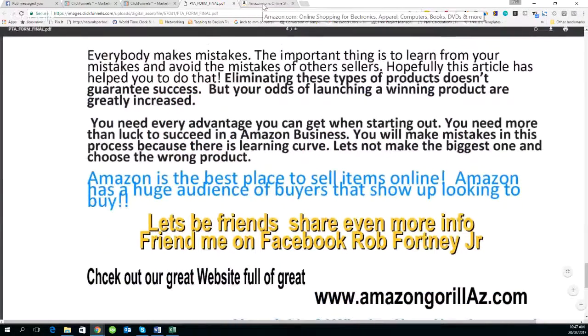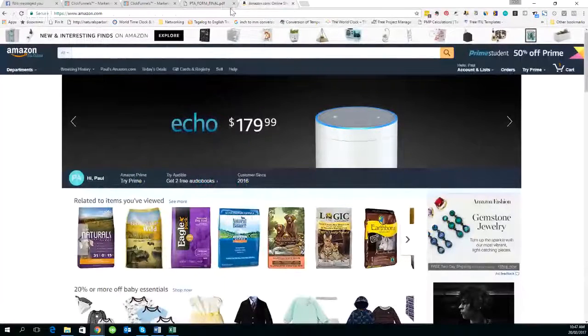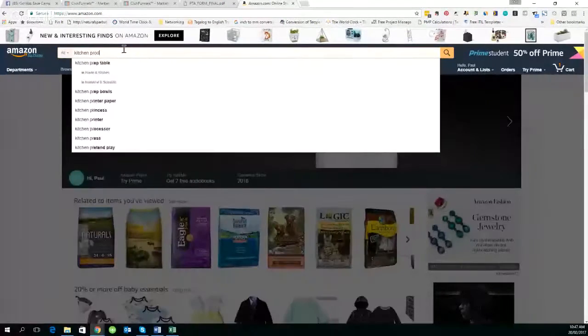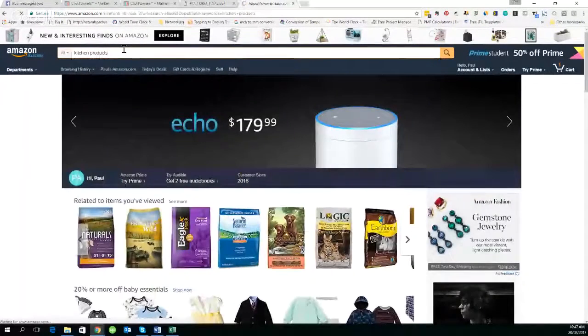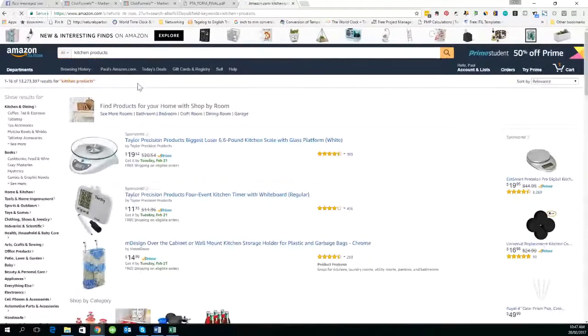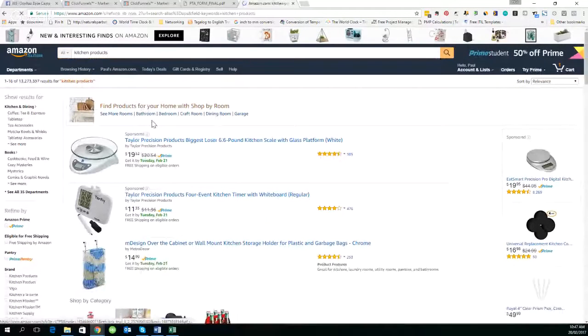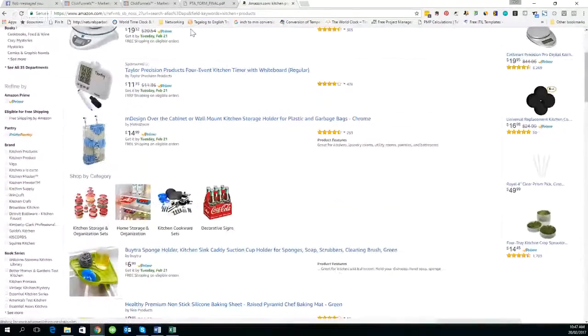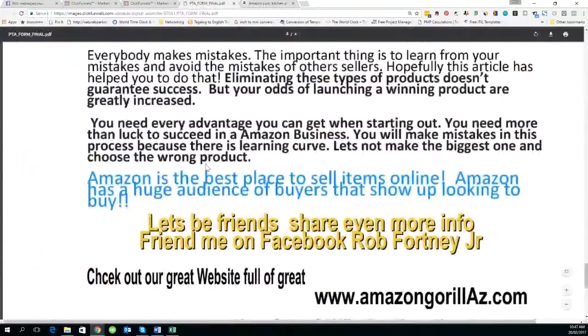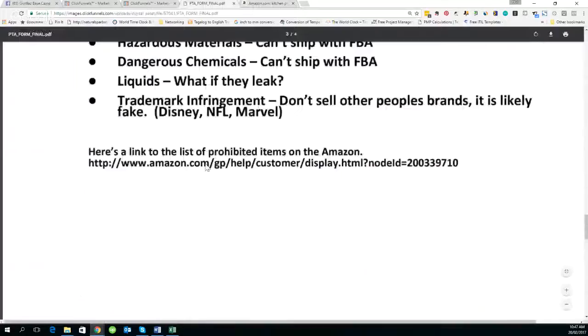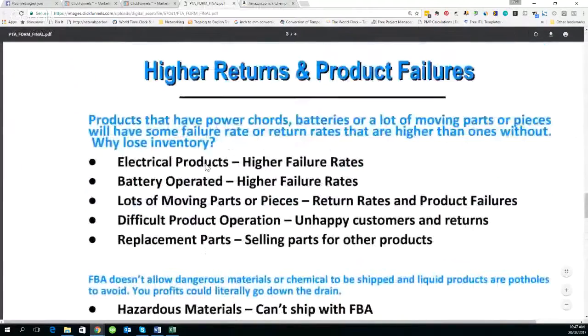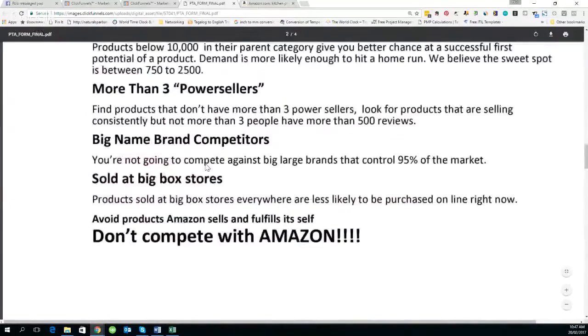When you're doing your initial search on Amazon, for something as broad as kitchen products, you automatically need to be looking down here and having this list in your mind. If it's not in your mind, then print this out so it's handy, so you can follow it along.